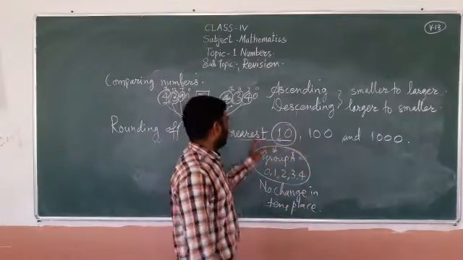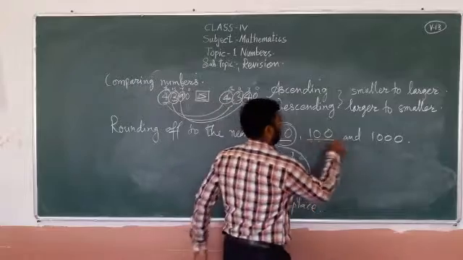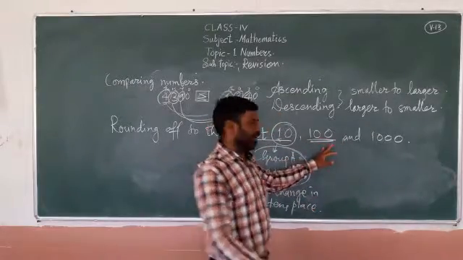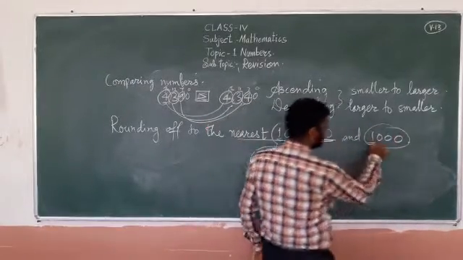In rounding to the nearest 100, no change in the hundreds place. Rounding to the nearest 1000, no change in the thousands place.